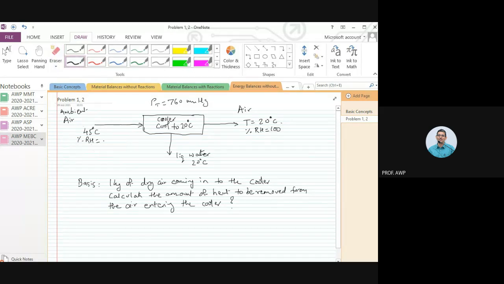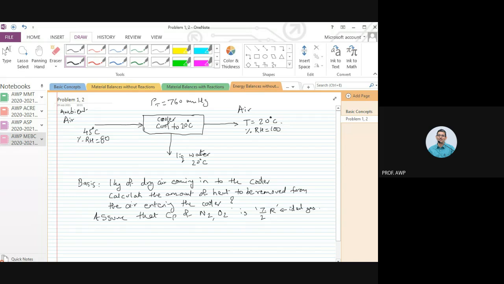You might want to assume that CP of nitrogen and oxygen is just 7 by 2 R, like an ideal gas.